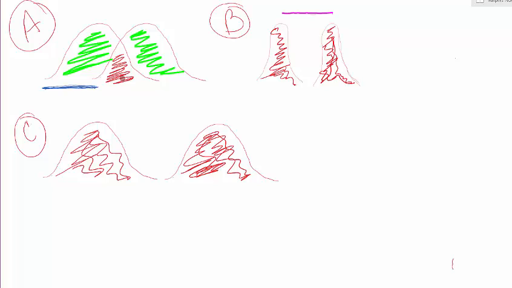Now, I want to point a couple things out to you on this visual area here, and that is, let me take this.